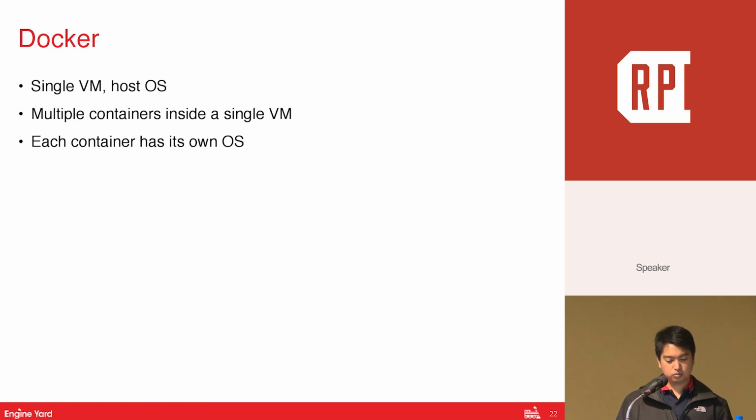The advantage of that is you could now isolate everything down to the OS level, right? So if you have your code running on one container, and you have to deploy your code again, you could put your new code on a separate container, right?